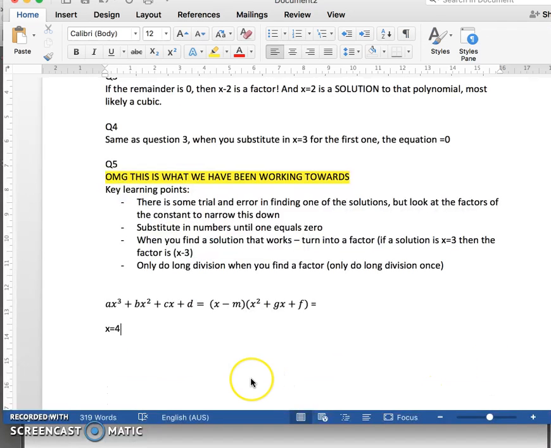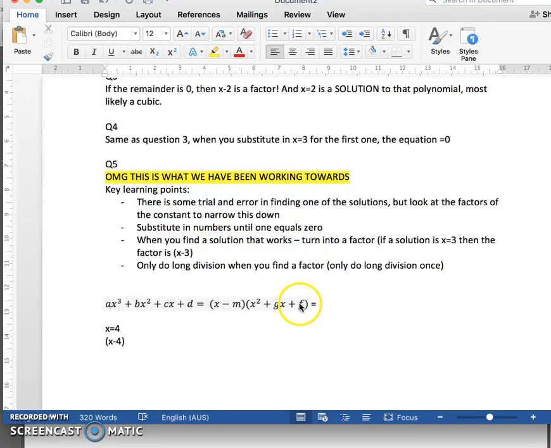And that would mean that the factor would be x take 4. Now you're probably thinking, hang on, there are a lot of numbers in the world. So how are we going to just guess some of them?